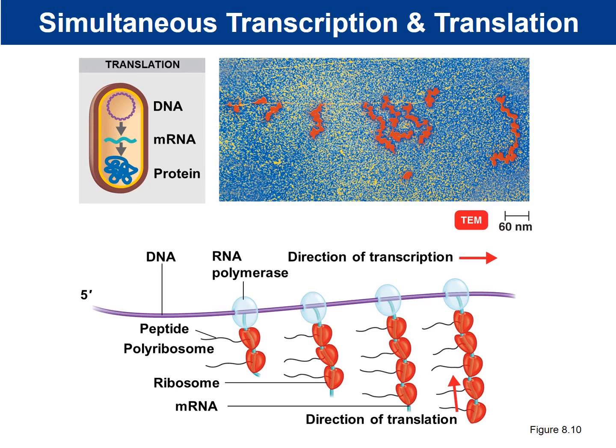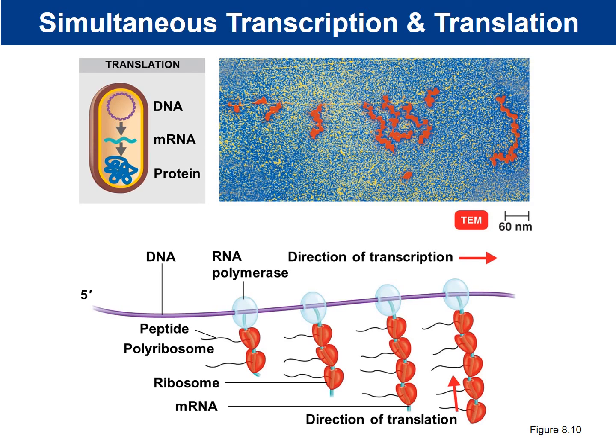However, in prokaryotic cells, there's no spatial separation of transcription and translation. Remember that prokaryotic cells don't have a nucleus. And so for prokaryotic cells, transcription and translation happen simultaneously, meaning that as the cell is making the mRNA, it's also translating it.